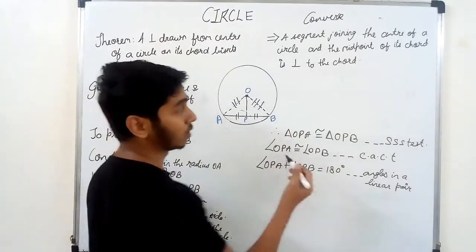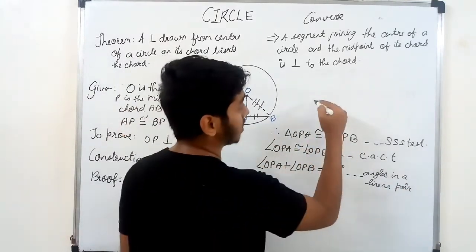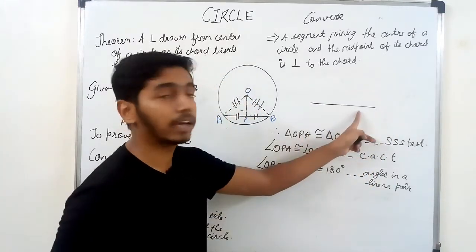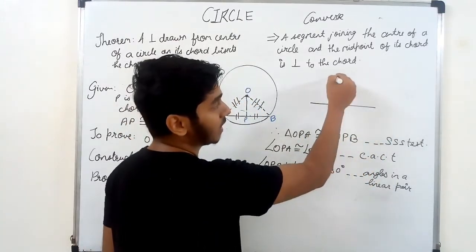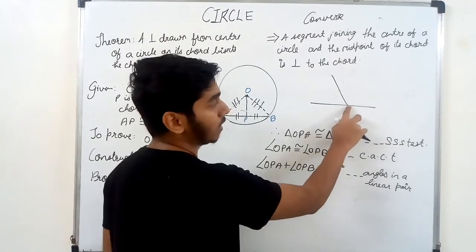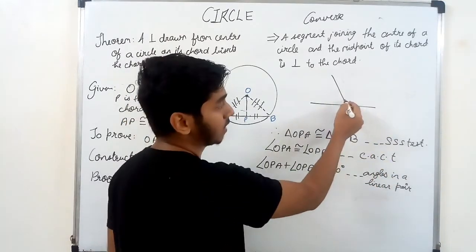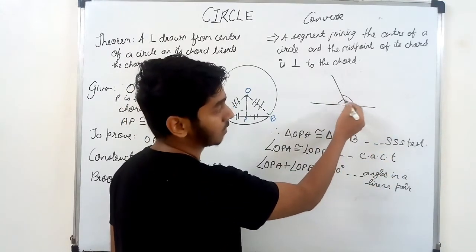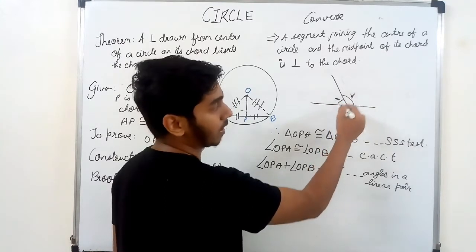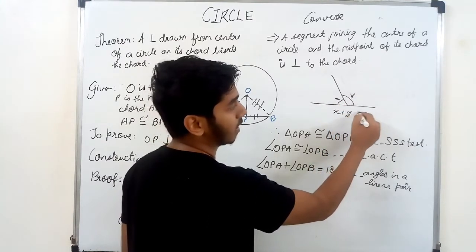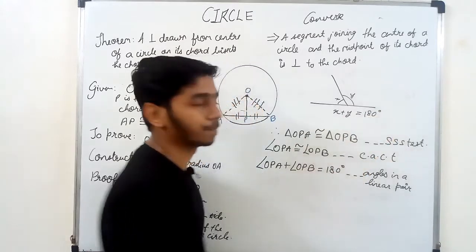If you have forgotten what angles in a linear pair are, if there is a straight line and you divide the straight line into two parts, then the sum of the two angles, let's say x and y, so x plus y is 180 degree.